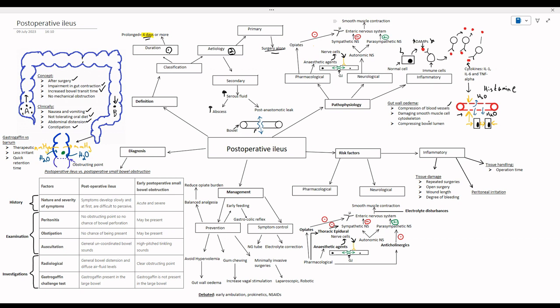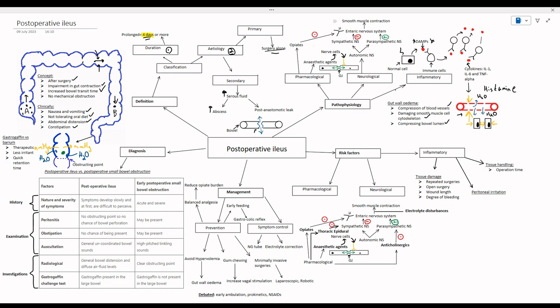And if the cytoskeleton is damaged, the contraction is impaired. And finally, if you think about it, if you're physically putting pressure on the bowel wall, it impedes the flow of the contents through the bowel. And that's another factor that's going to impair the propulsion of feces, increase bowel transit time, and thus lead to the development of post-operative ileus.